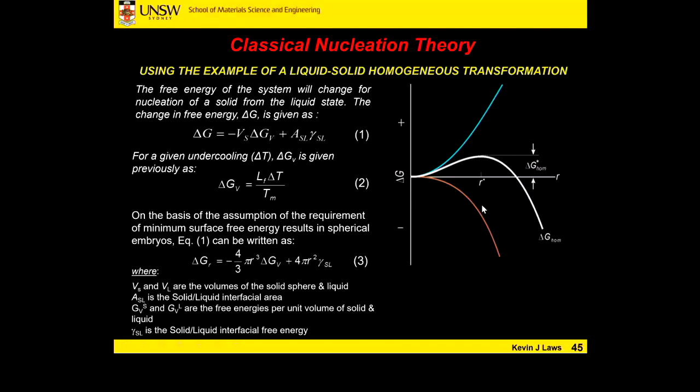This is basically defined by the ratio of its volume, giving us a more negative free energy, or driving force, versus the surface area that's competing against us, our positive contribution, looking at our interfacial free energy. The combination of these gives us our delta G star value, our critical free energy required for the stability and then the growth of a nucleus, and the critical radius R star.